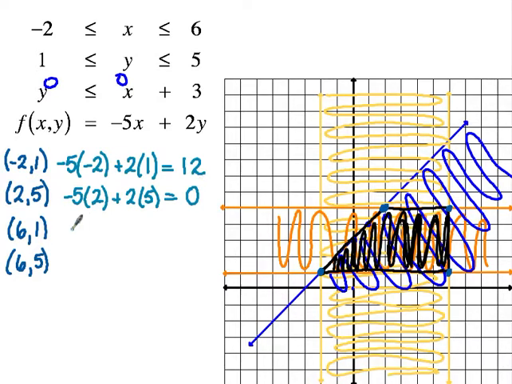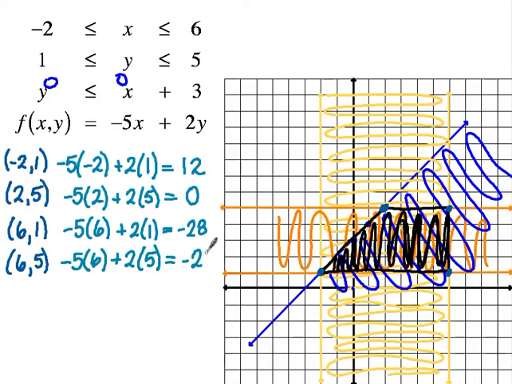Negative 5 times 6 plus 2 times 1. Negative 28. Okay. And then negative 5 times 6 plus 2 times 5. Negative 20. So now we're going to evaluate those.